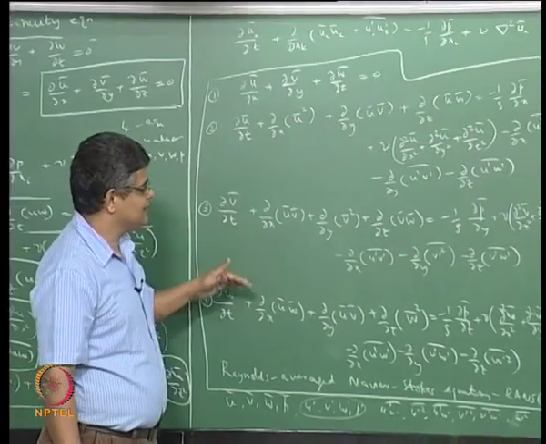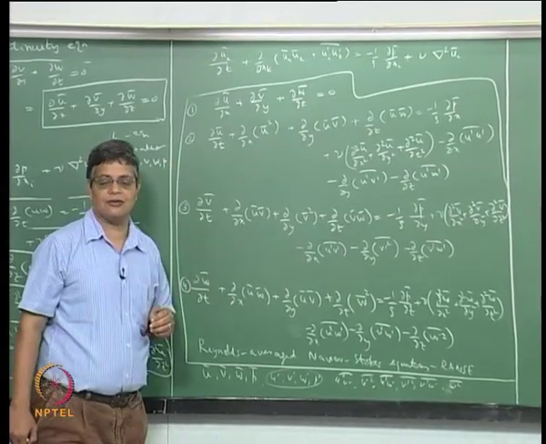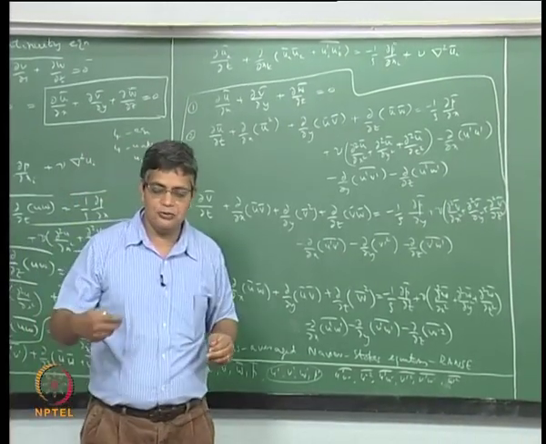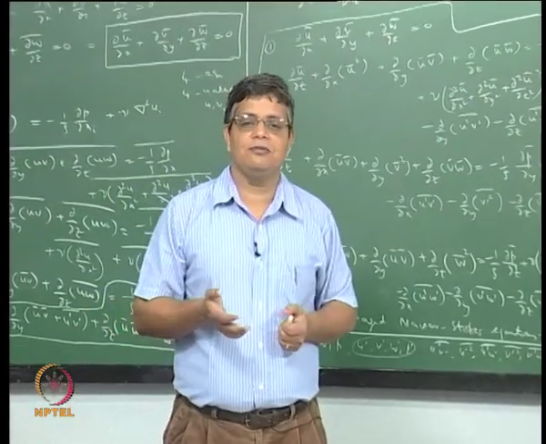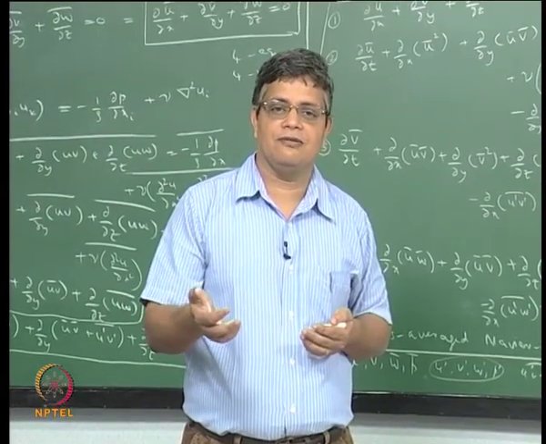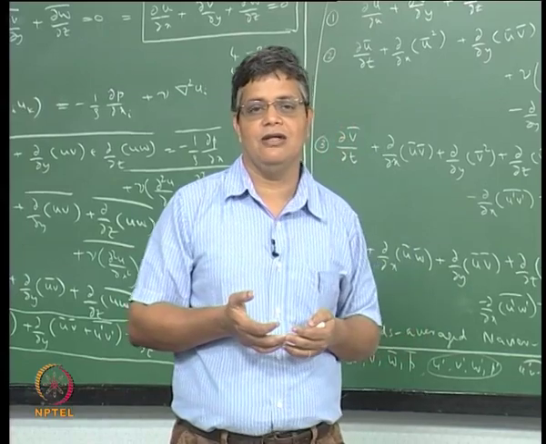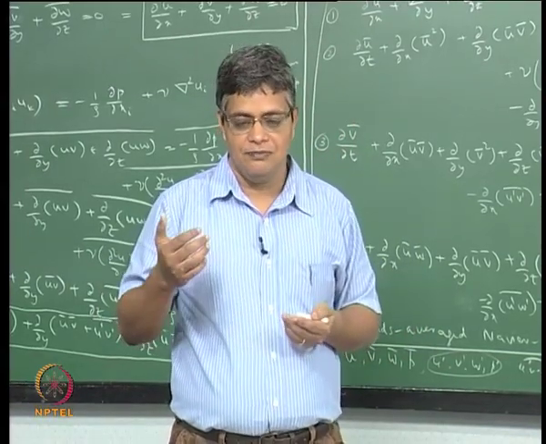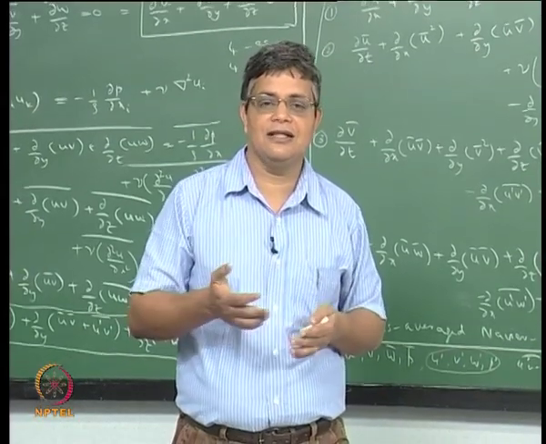So in that sense the equations are mathematically not different from the equations for laminar flow, and therefore the solution would also not be different from laminar flow, and that would mean that you would have the same friction factor and same heat transfer coefficient as per laminar flow, even though the flow is turbulent.